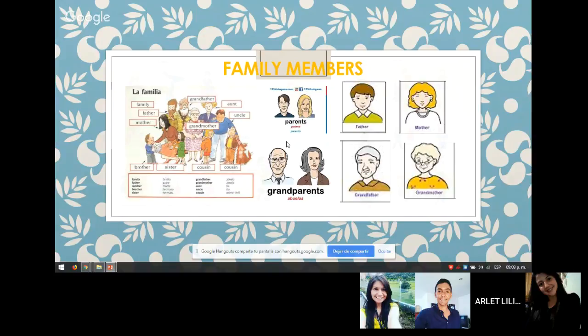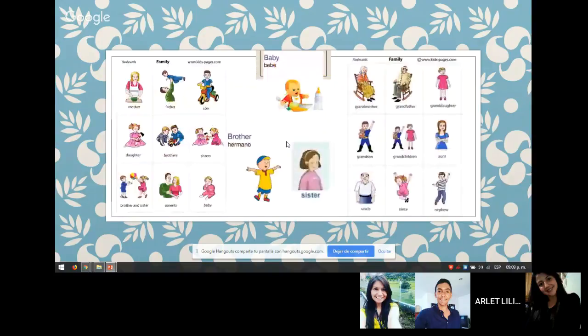Here we have the postcard with the individual family members, more specific to the topic.